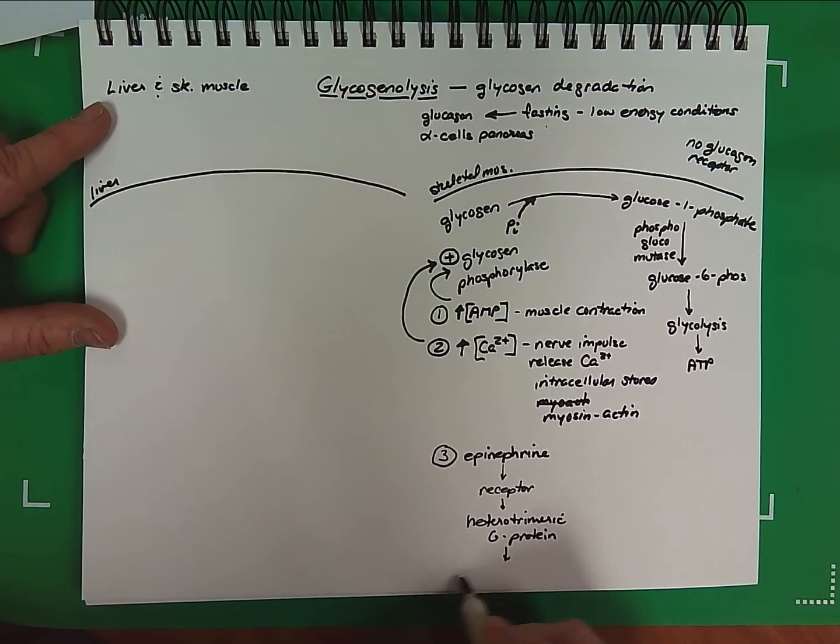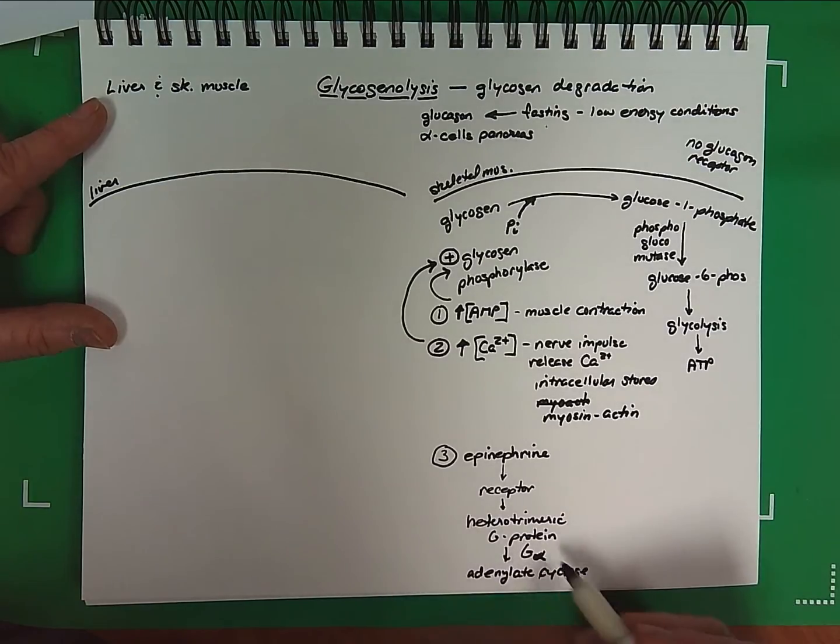That will activate adenylate cyclase. This would be the G alpha activated subunit, activating adenylate cyclase.